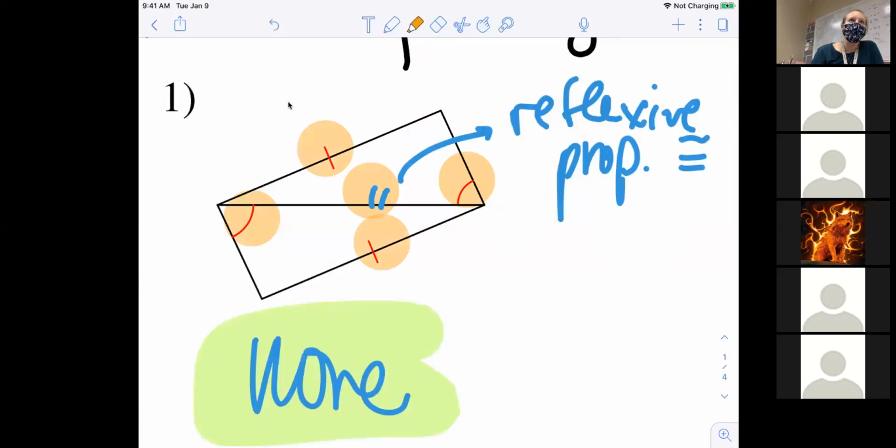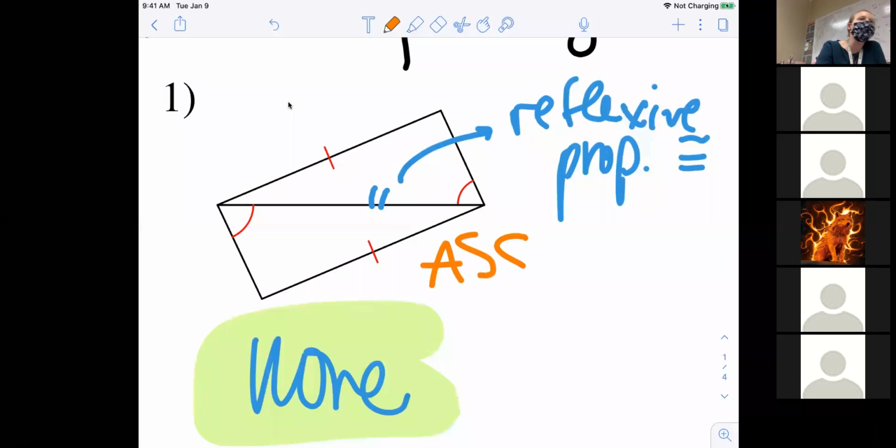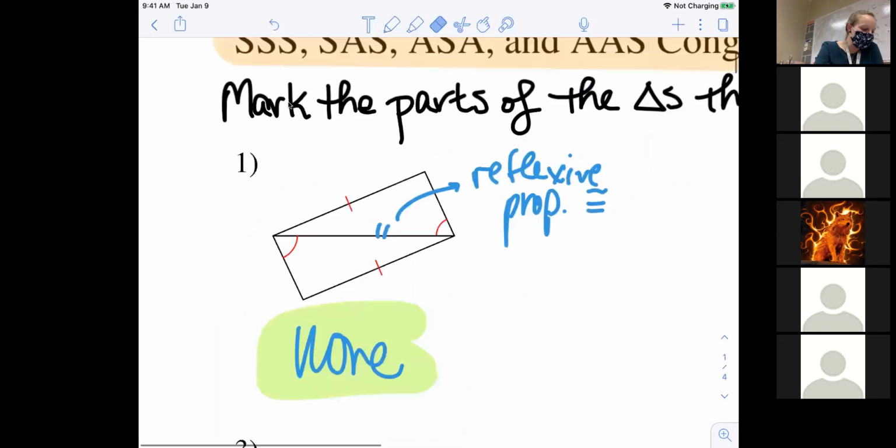It doesn't touch the angle. So technically, this is an angle side. In order for it to be a side angle side, it would have to be this side right here that connects at the angle. So this is technically angle side, and can we do that? So as soon as I write that down, I'd be like, oh, I can't write that, so I cross it off. That's not a reason, so it's none.